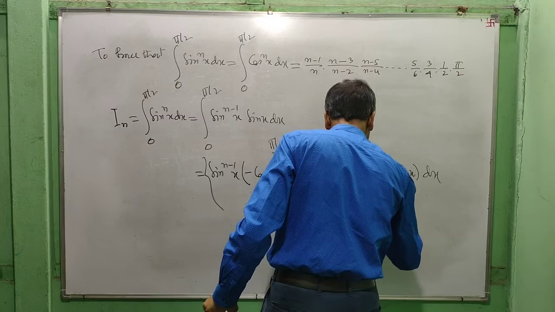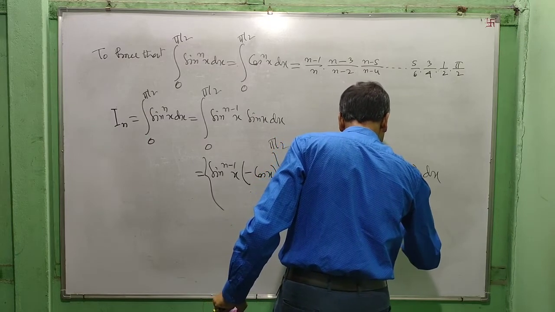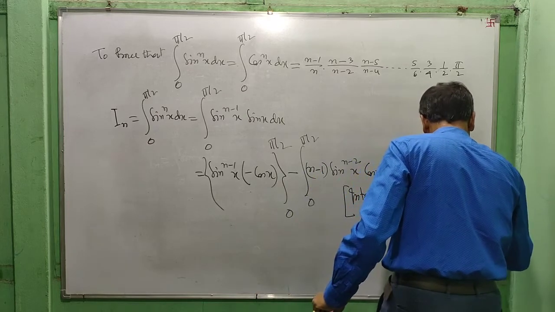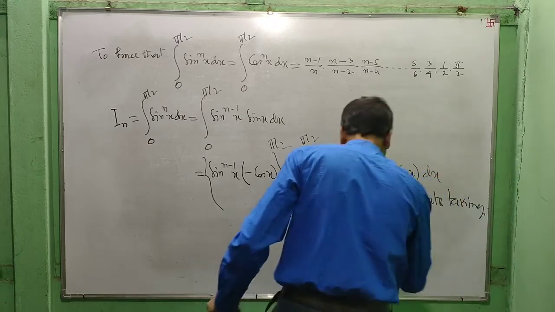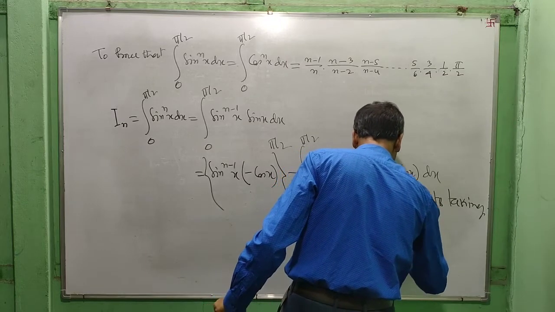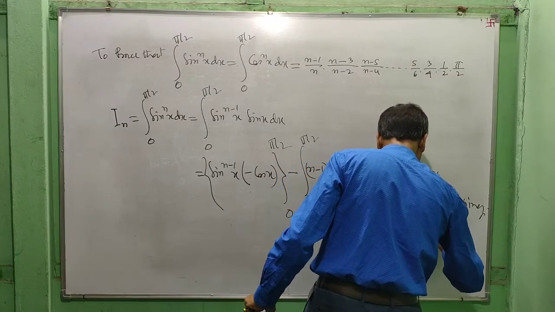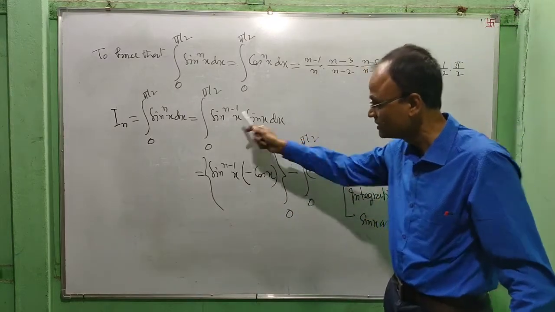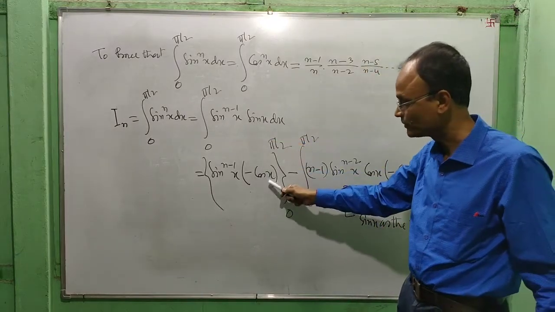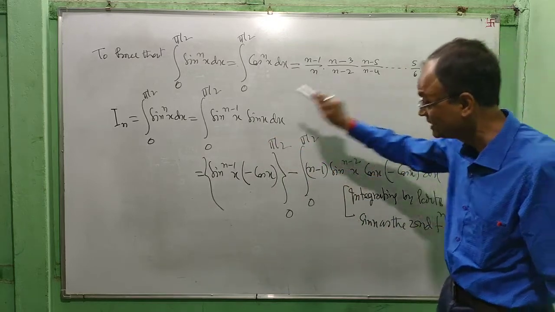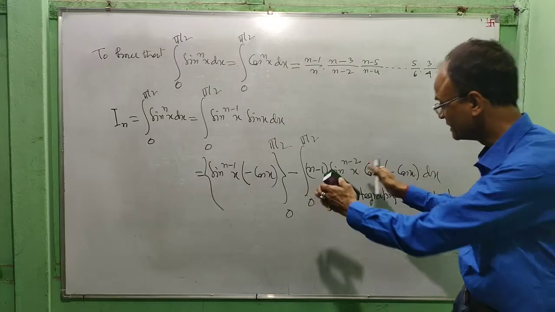Integrating by parts, regarding sin x as the second function: first function into integration of the second function, minus integral of differentiation of the first function into integration of the second function.